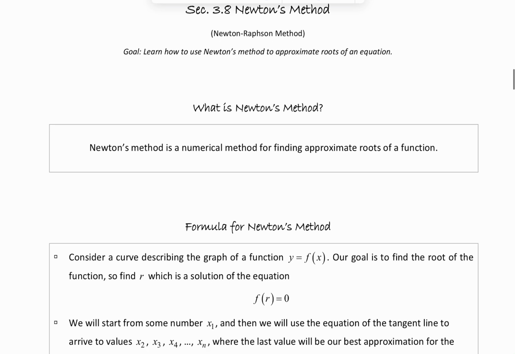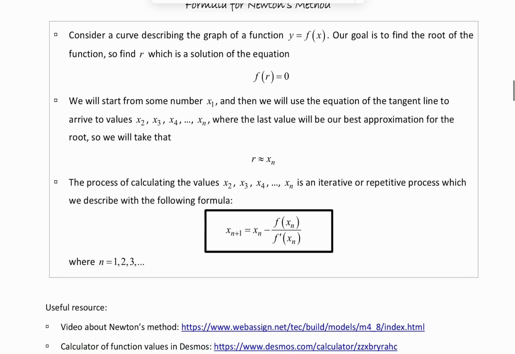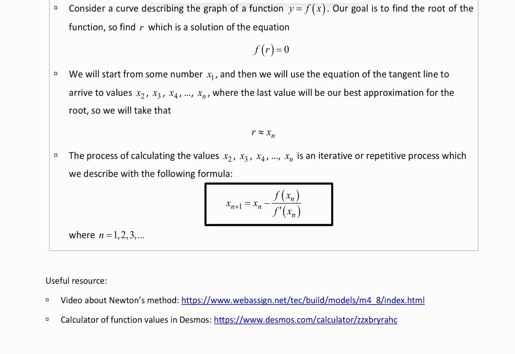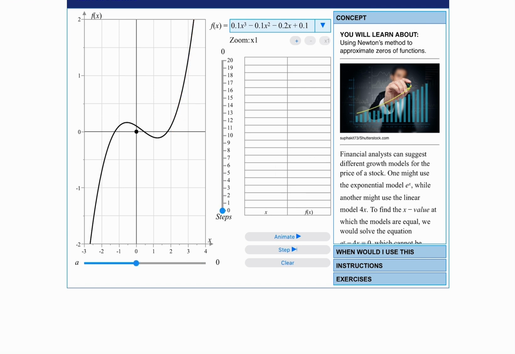So with Newton's method, we're trying to find approximations of the root, and we get this formula that we just demonstrated. And we can visualize it here on this website. You can pick a point on this website, you can play with it.